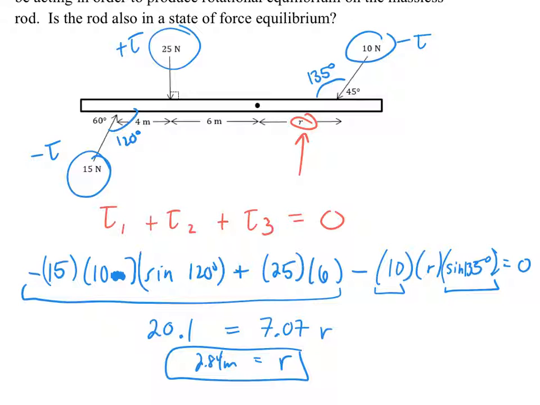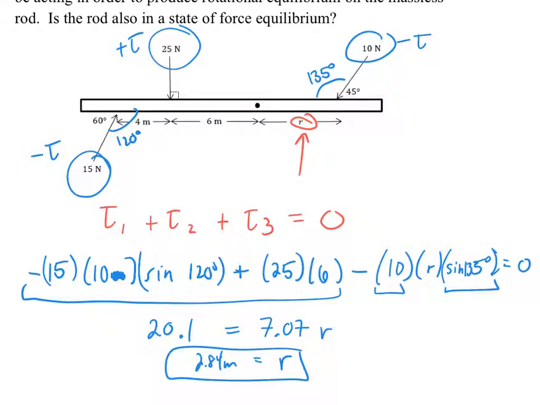Okay? But if I somehow got a negative answer, it would have meant that the original placement, meaning on the right side, was incorrect. Where should it be placed? On the left side. That's all it would mean. Again, you're never going to use a negative number when you plug in the numbers themselves, such as 10 and 6 for distances.